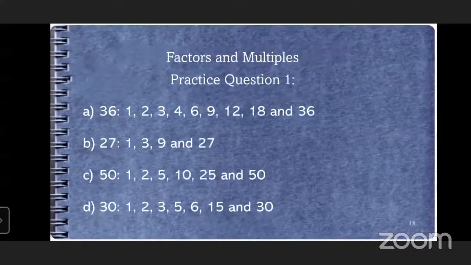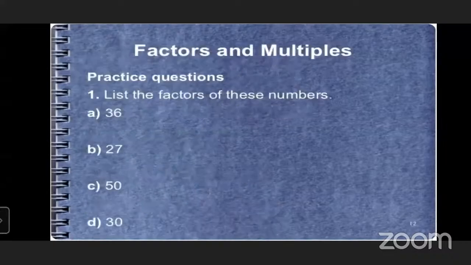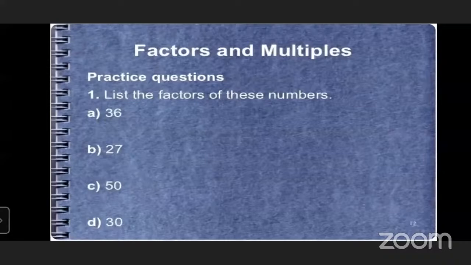Factors means those numbers that can easily and exactly divide 36. ऐसे कुछ numbers होते हैं that they can divide 36 exactly without any remainder.